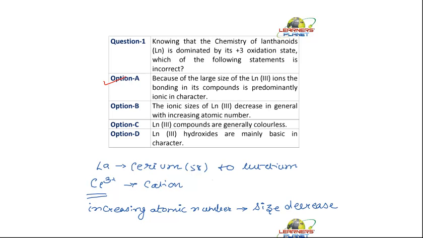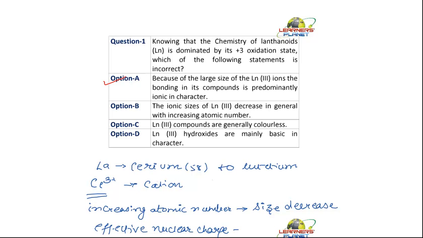Why does it decrease? Because of the effective nuclear charge. What is effective nuclear charge? It is the net force of attraction of the nucleus on the valence electron.